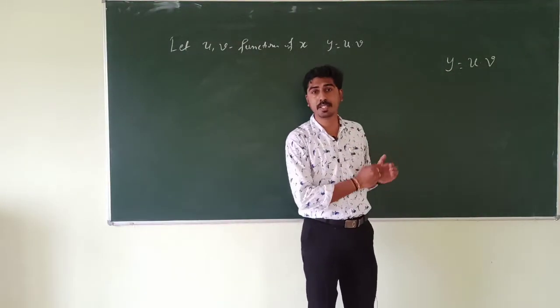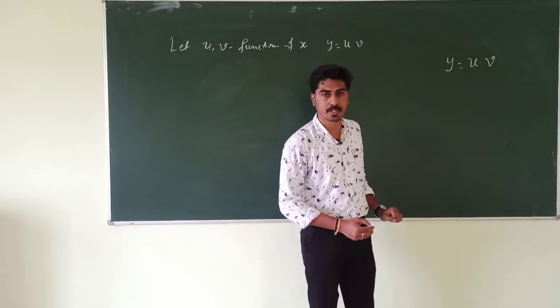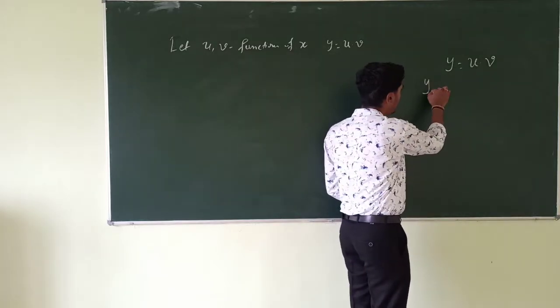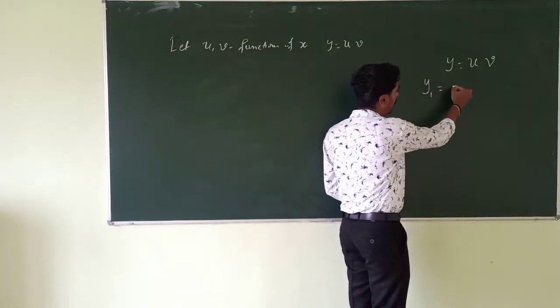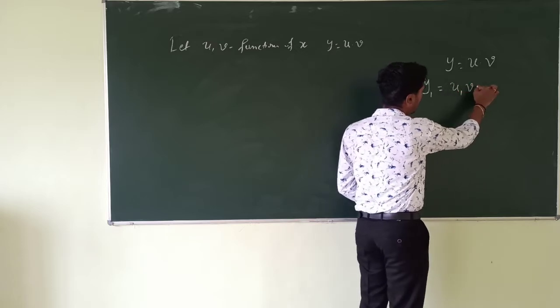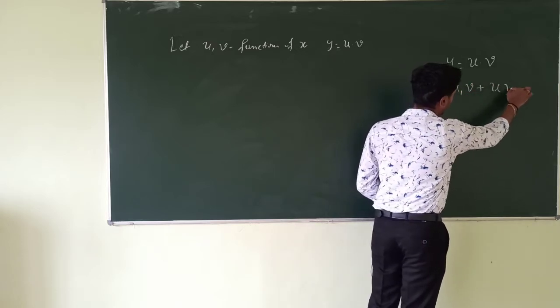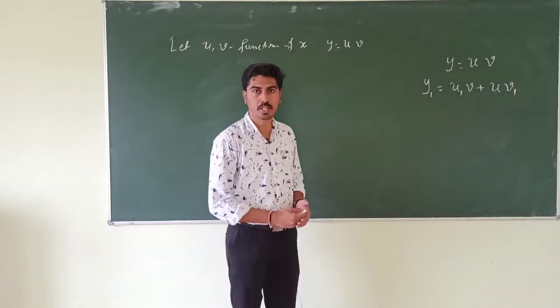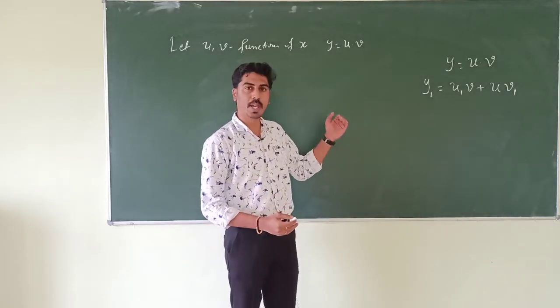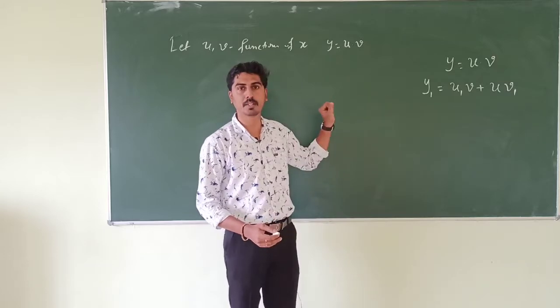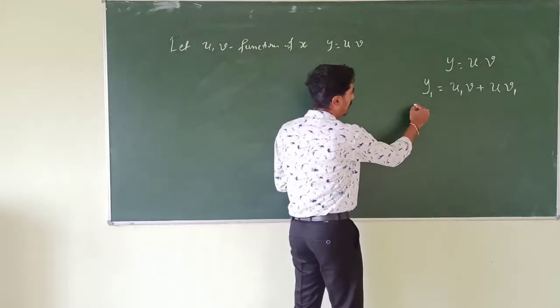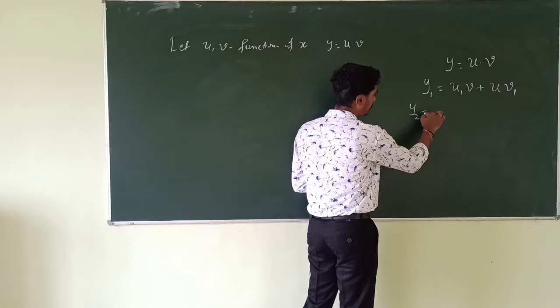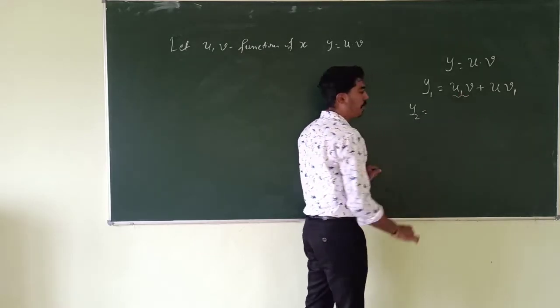First, differentiate this product with respect to x. I get y1 is equal to u1v plus uv1. This is by the product rule. Now again differentiate y1 with respect to x. Here we get y2. Apply the product rule for this.